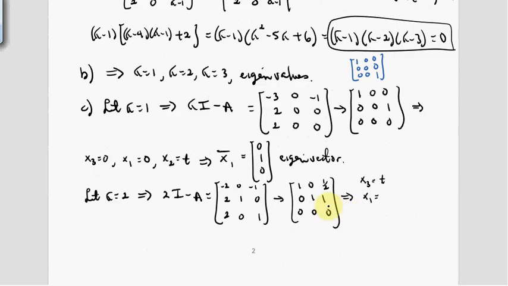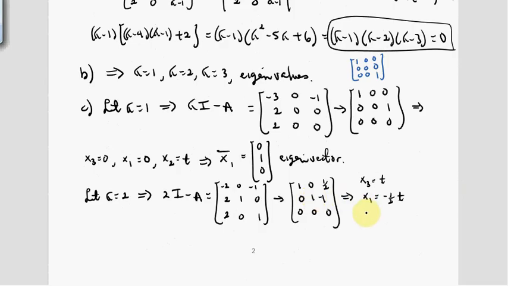X sub 1, make sure I didn't get it wrong. This is 2, it's a negative 1. This is negative 1 on my calculator. So x sub 1 is equal to negative 1/2 t.